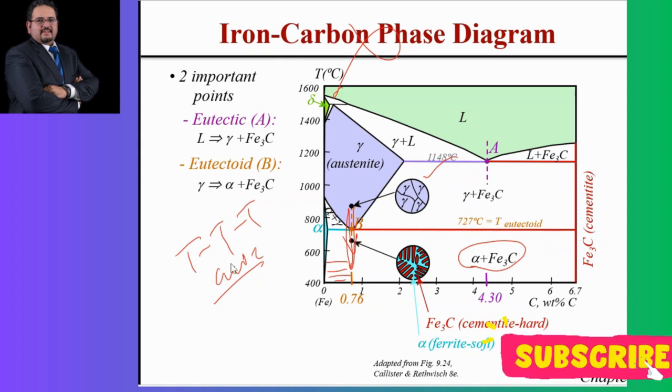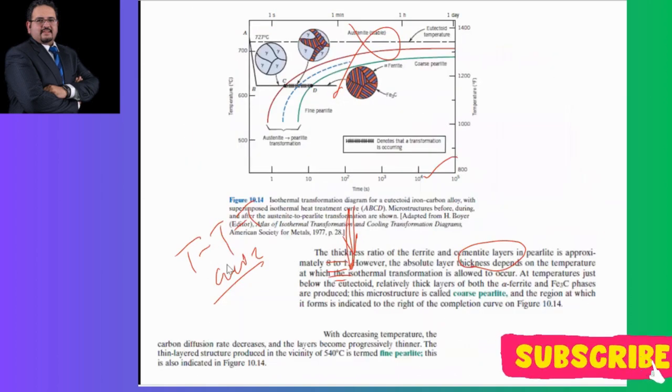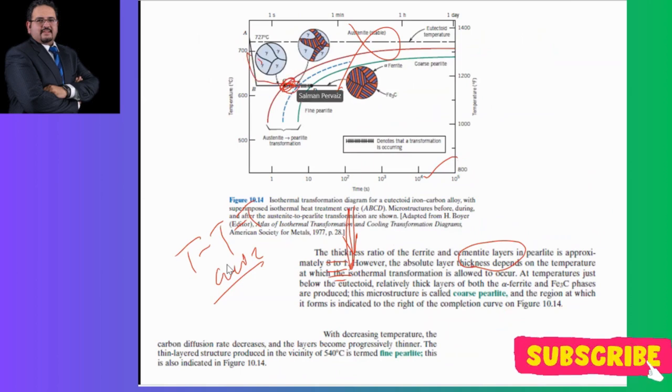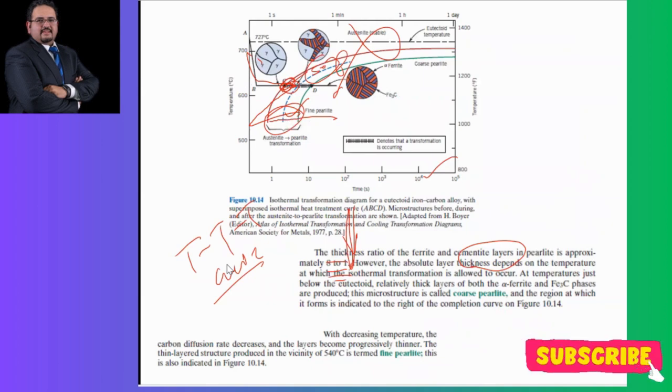You just stopped the transformation somewhere in the middle, and then let it cool again. In this case, only 50% is converted into pearlite. The remaining 50% of austenite will get converted when it crosses this boundary. So you might get 50 pearlite and 50 bainite in this case. We'll discuss this more in our next session.